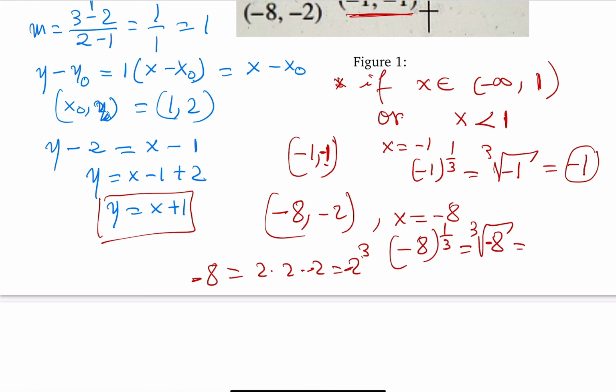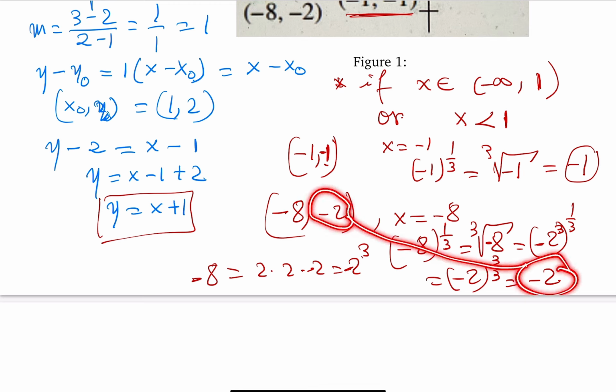Good. Now you have negative 2 to the third, to the 1 over 3, and here you will have negative 2 to the 3 over 3, which is just negative 2. That's why you have a negative 2 here. Got it?